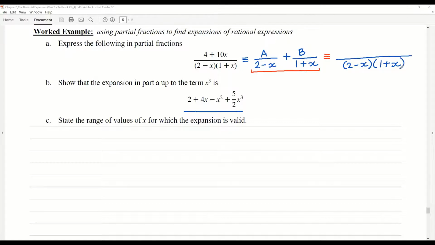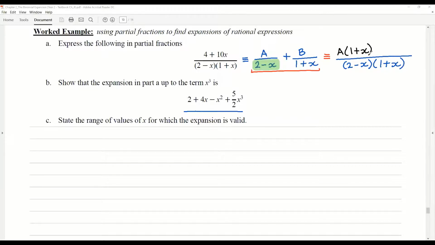And to get the partial fractions made into equivalent fractions, of course, we have 2 subtract x here. Now, it's missing a factor of 1 plus x, which means that I have to multiply my a by 1 plus x. So I'm going to do that now. You've done this several times now. So a multiplied by 1 plus x.